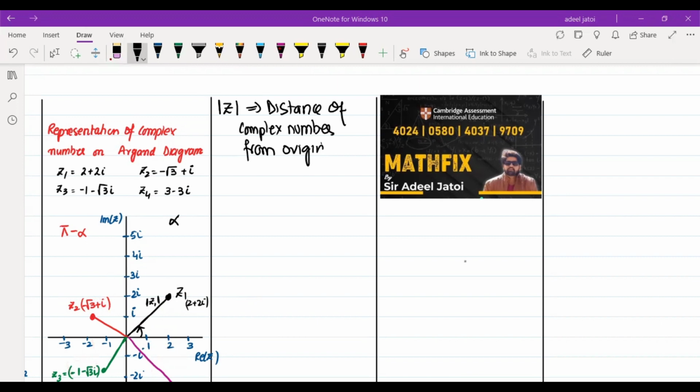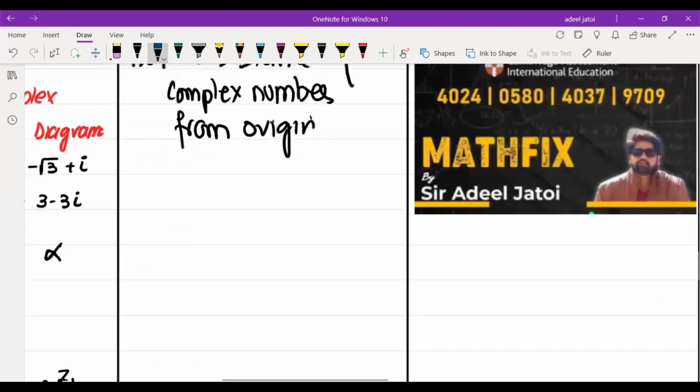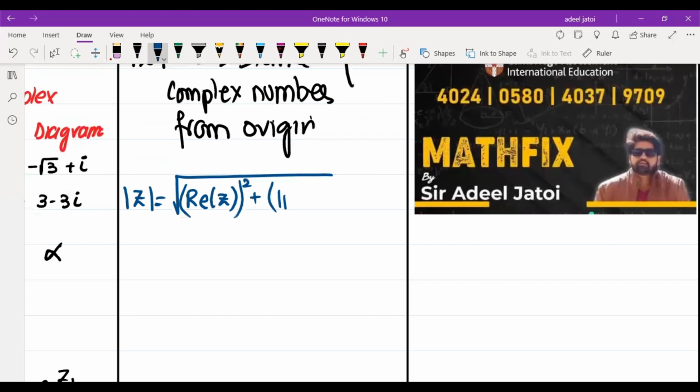And the formula to represent the modulus value is that modulus of Z is basically under root real value of Z whole square plus imaginary value of Z whole square.